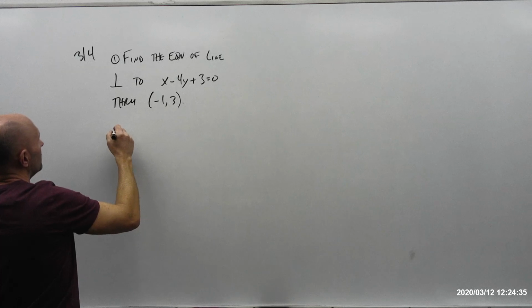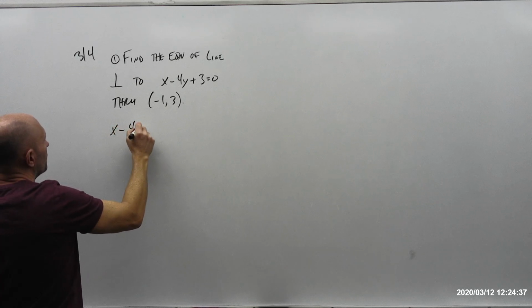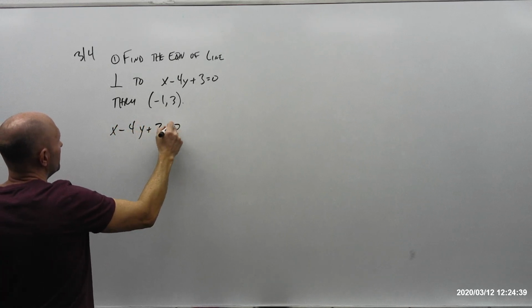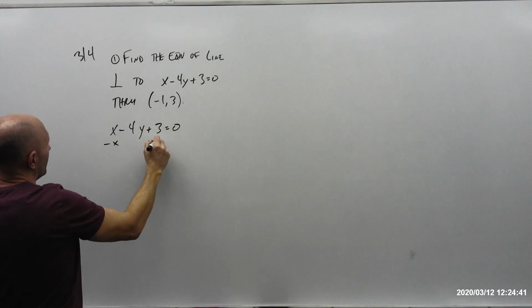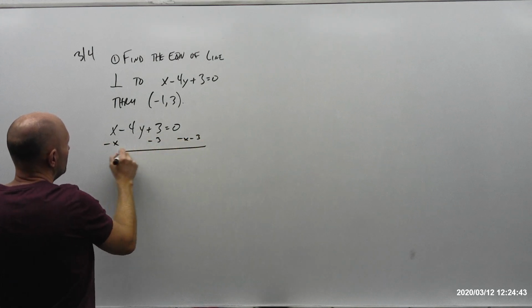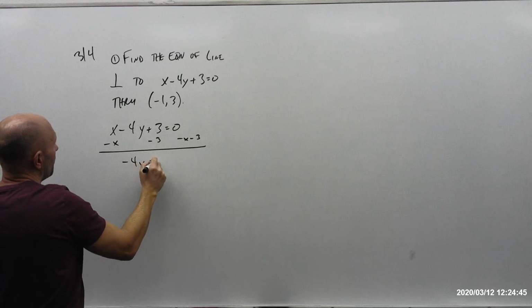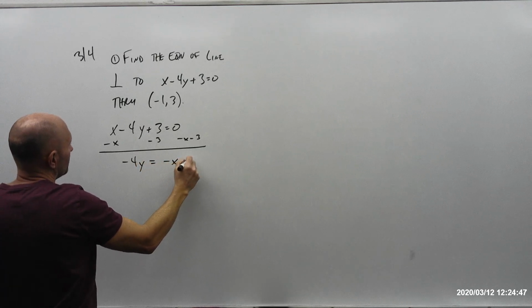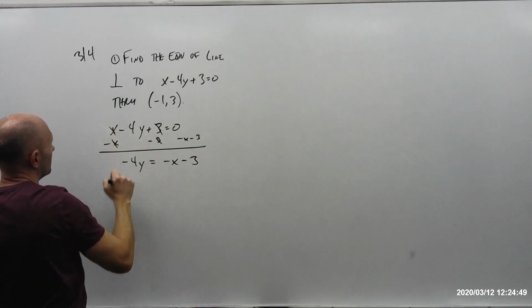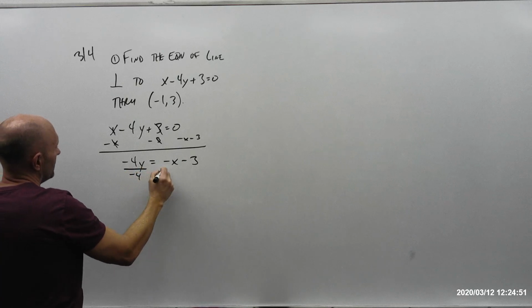So we do what? We have x minus 4y plus 3 is 0. So subtract x, subtract 3 from both sides. I get negative 4y is negative x minus 3. So divide everything by negative 4.